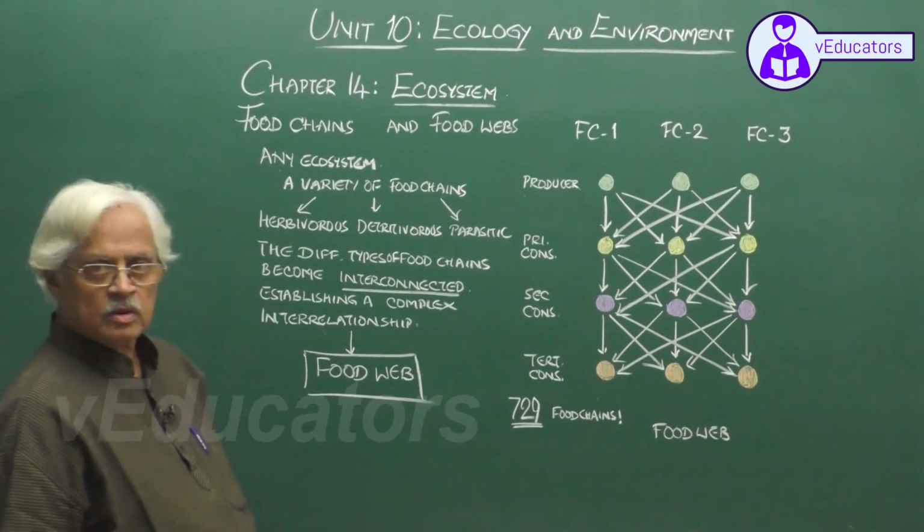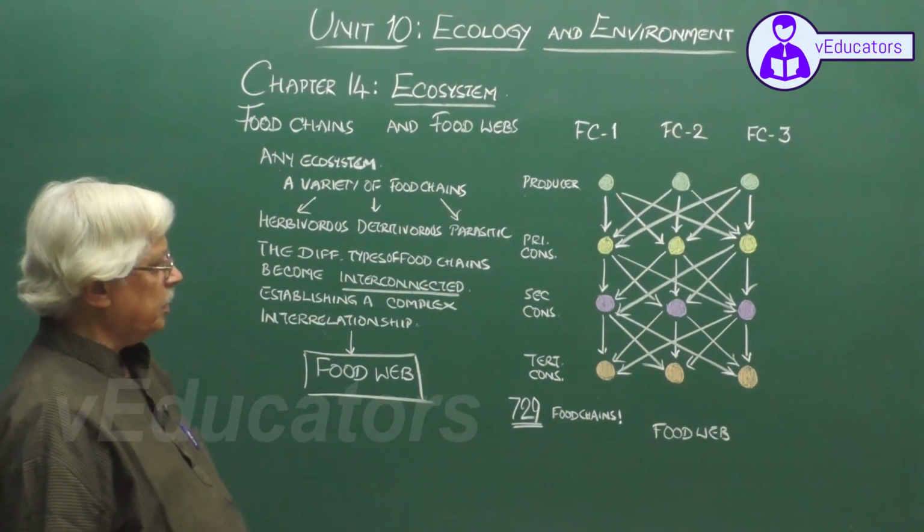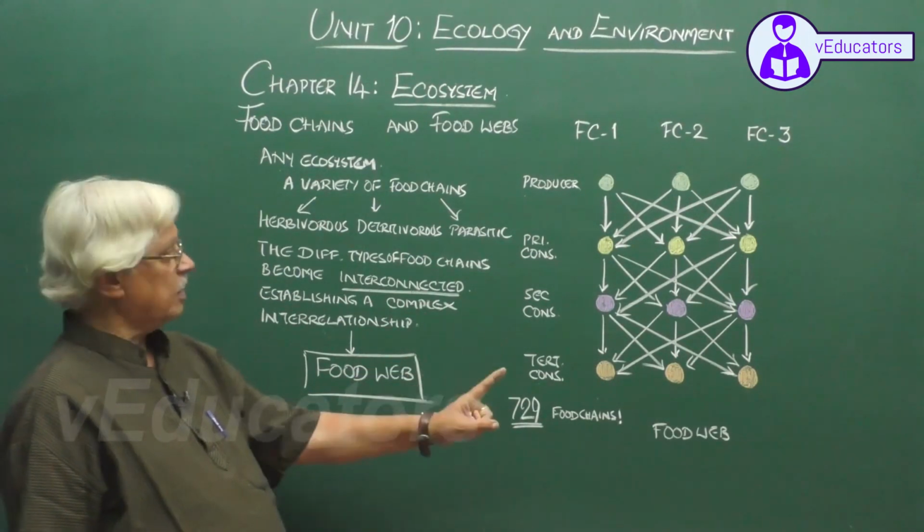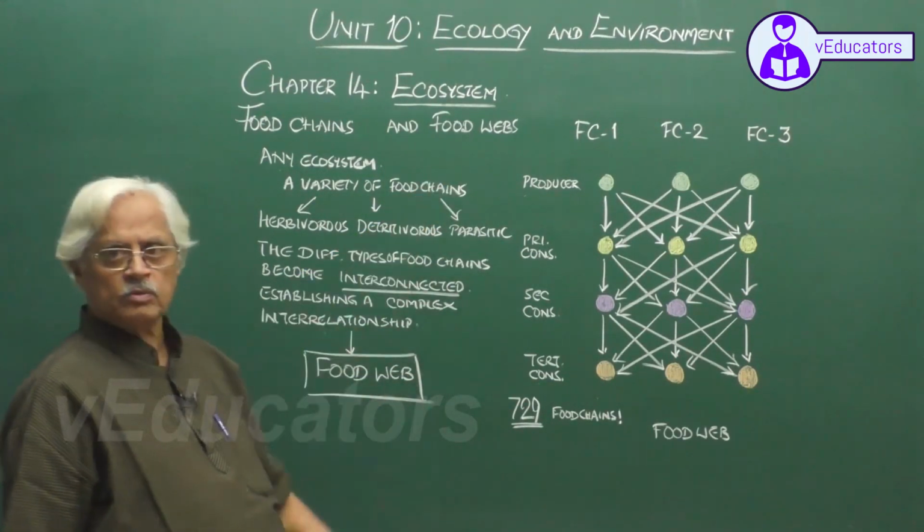So this is how in an ecosystem food chains become interlinked with one another, establishing food webs.